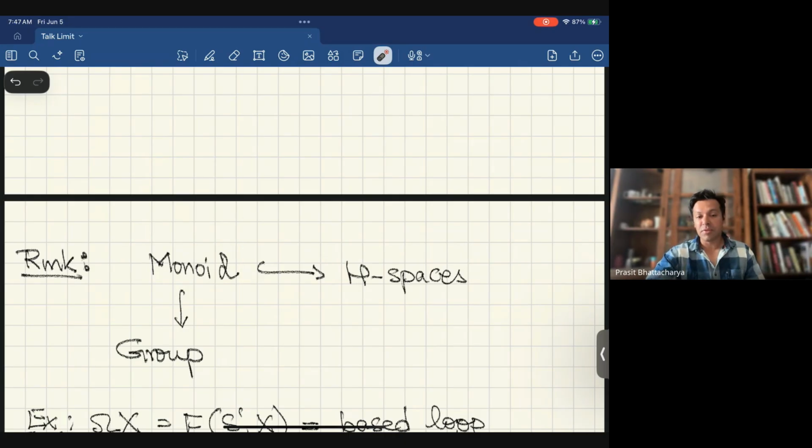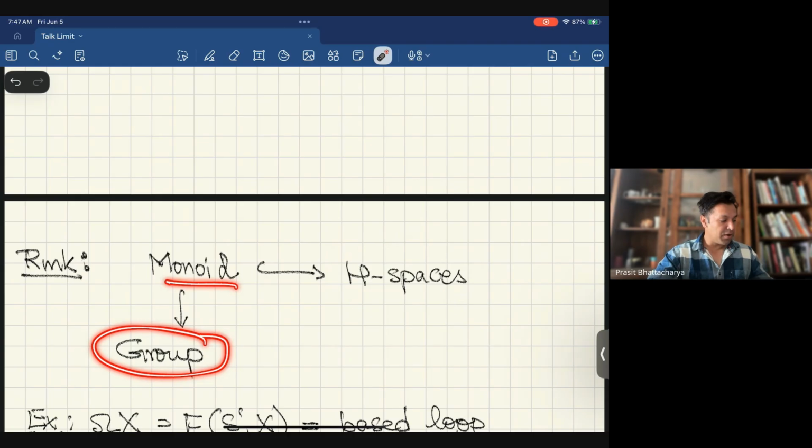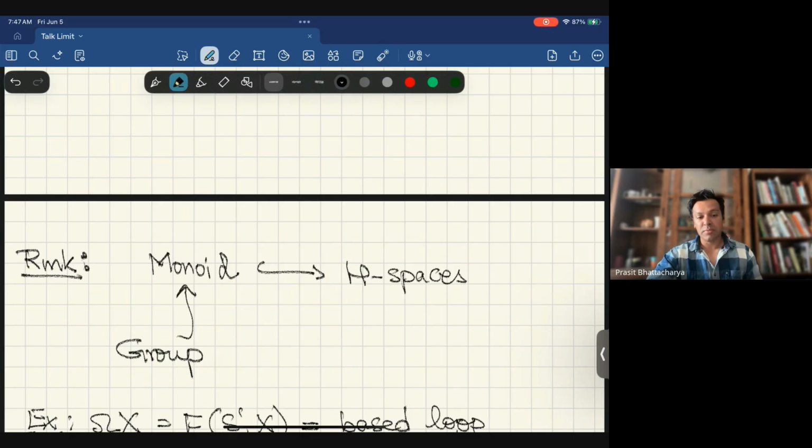So if it commutes on the nose, of course it commutes up to homotopy, but not vice versa. And you are allowed to have interesting topology on your monoid. So this is strictly bigger. It allows you to study much more interesting mathematical objects. And monoids sit inside the world of... actually, groups sit inside the world of monoids, because those are monoids with inverses. Similarly, there is a notion called group-like H space.